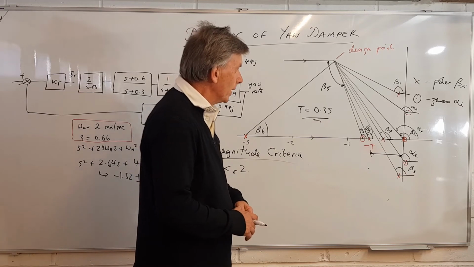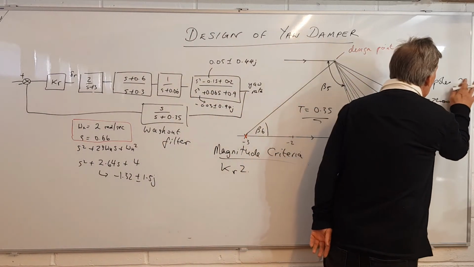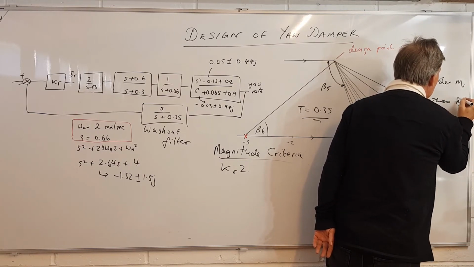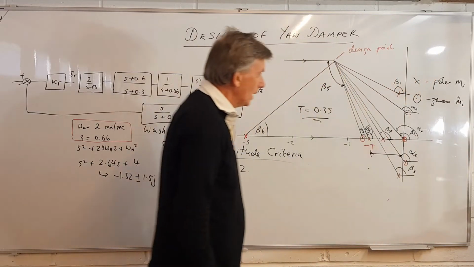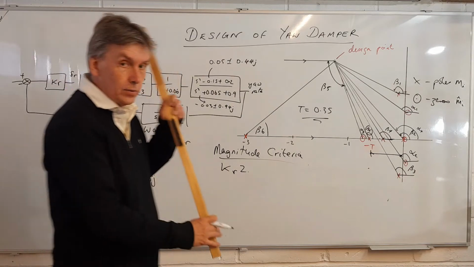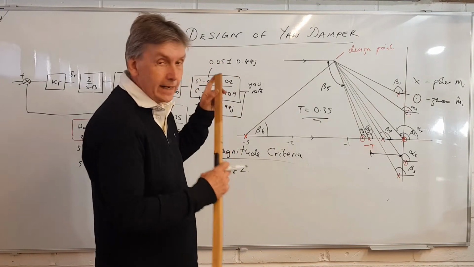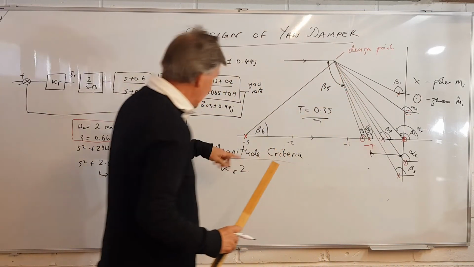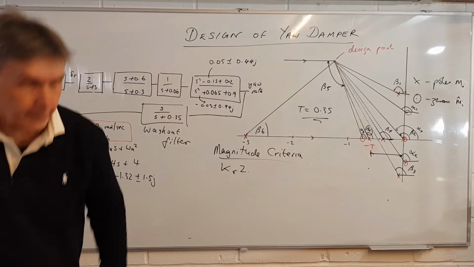This time, if it's a pole, we're going to call it an mi, and if it's a 0, we're going to call it an mi hat. So we can now go back to get our ruler, if we have some scales on, and measure the different distances and then stick them into the magnitude criteria.